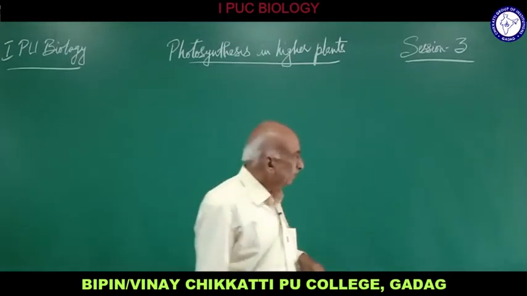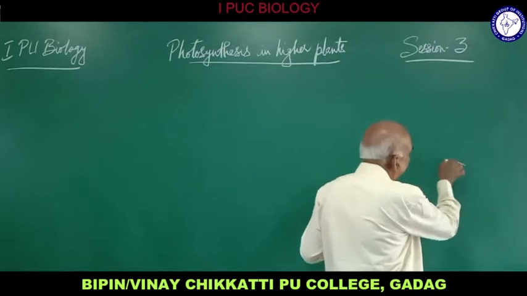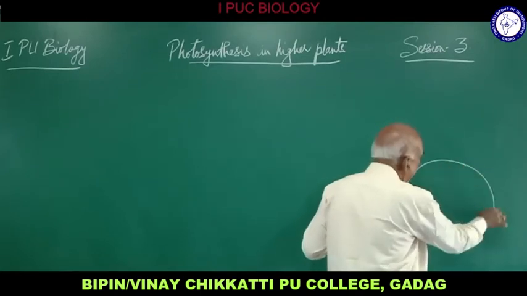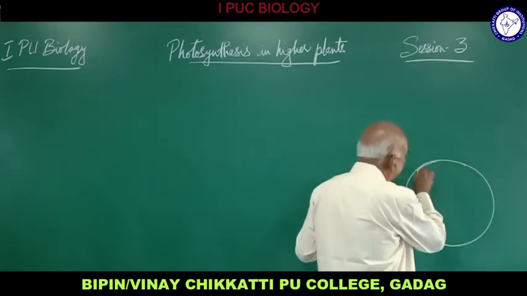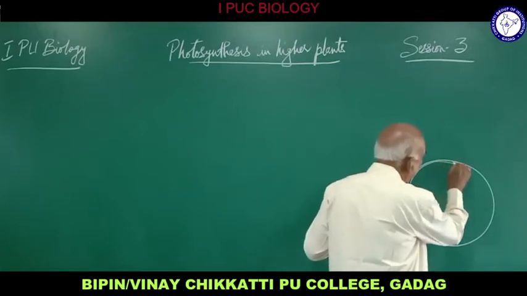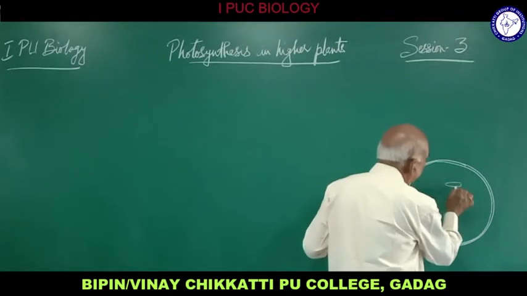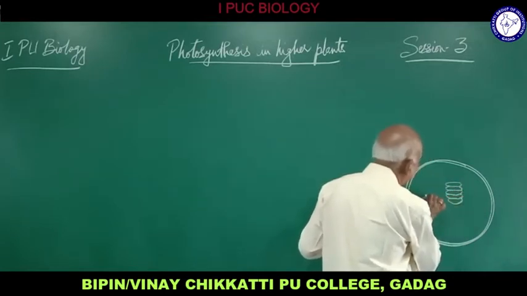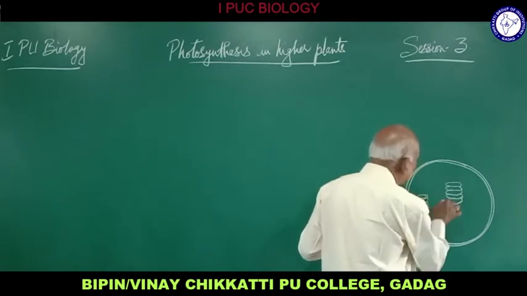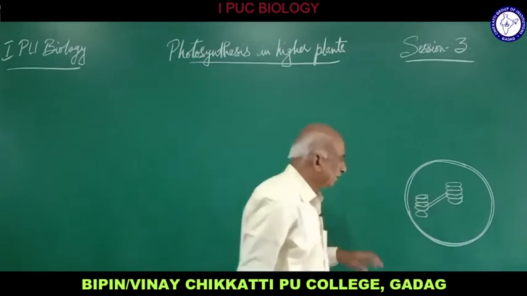Suppose this is the chloroplast, so this is the outer membrane, inner membrane. These are the thylakoids, which are flat structures arranged like this.